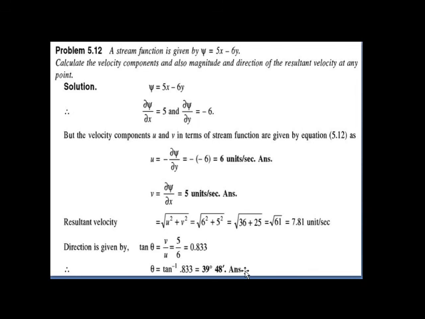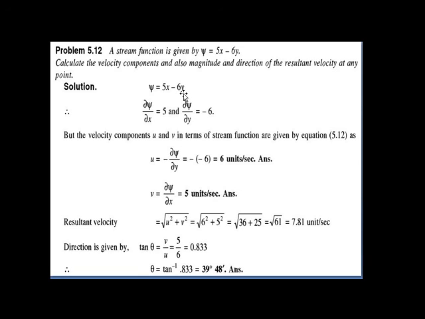The next problem is: a stream function is given by psi equal to 5x minus 6y. Calculate the velocity components and also the magnitude and direction of the resultant velocity at any point.